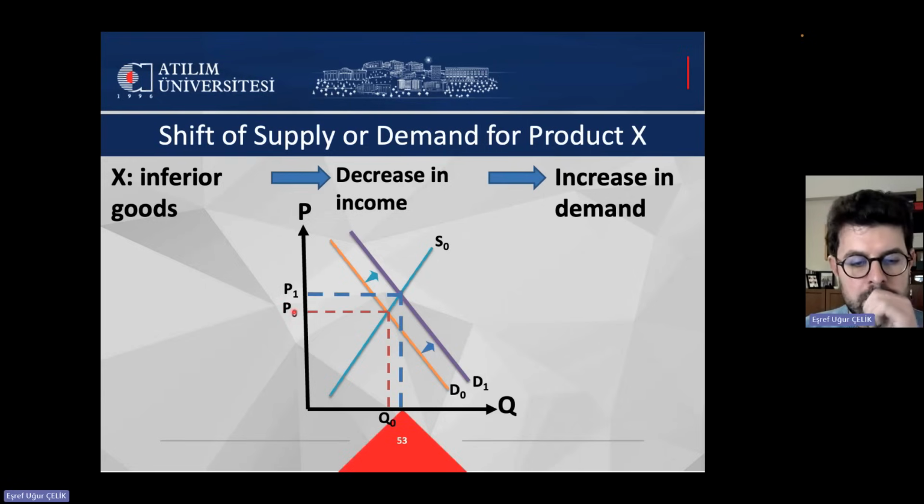Price goes from P0 to P1 and quantity from Q0 to Q1. So when demand becomes higher, or shifts to the right, price becomes higher and quantity becomes higher.